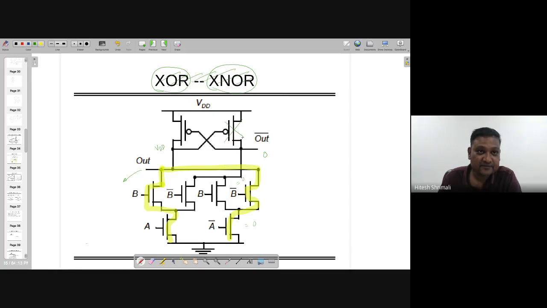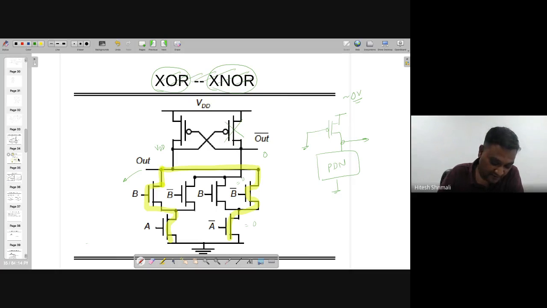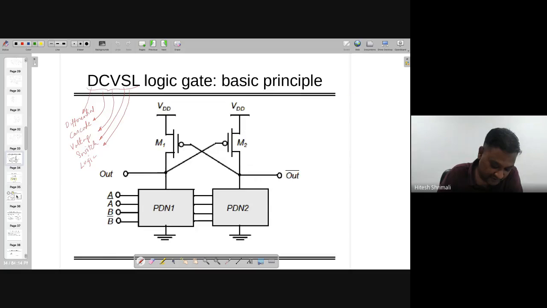In the previous case, with pseudo NMOS, this was always in saturation with the PDN, so it was not achieving 0 volt, but some other voltage. Here that's not the case. So accordingly, you can design the required things, right? So this is about the DC VSL circuit.